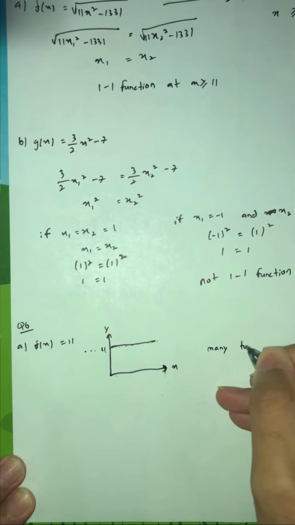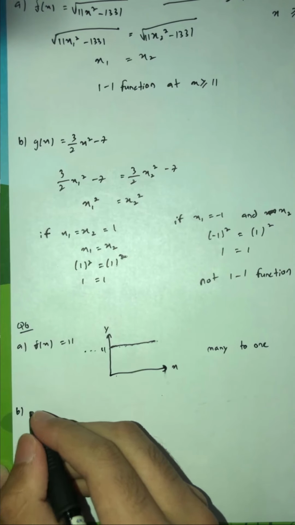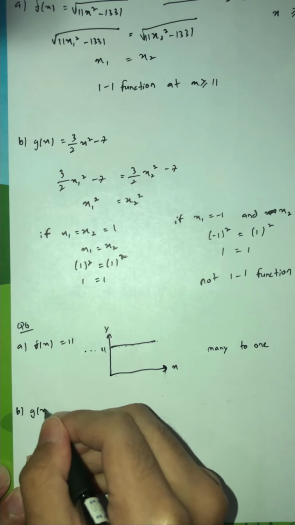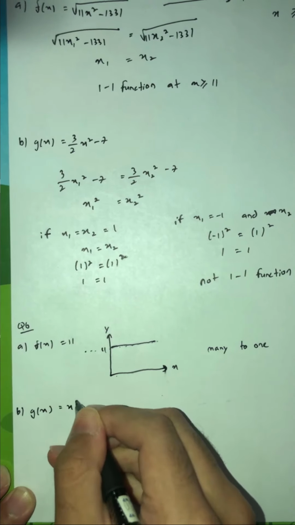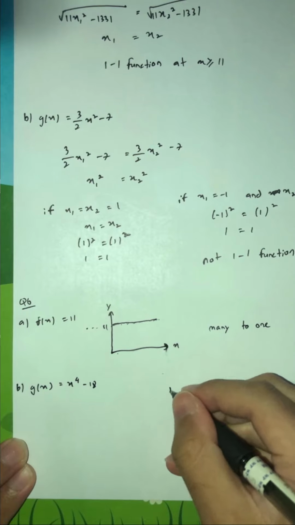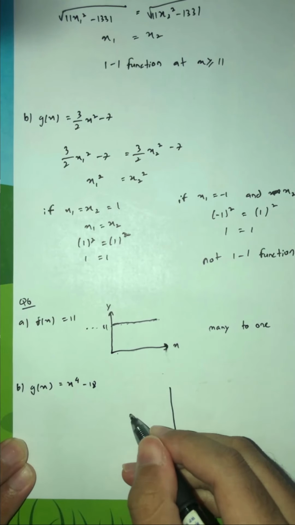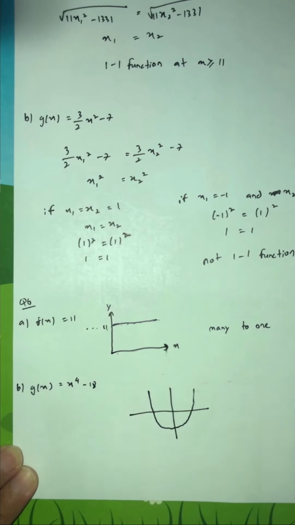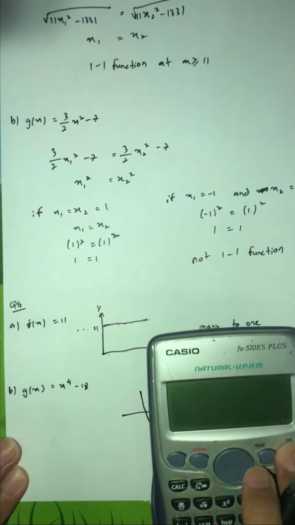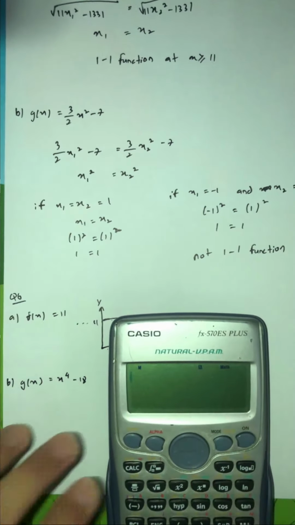What about b? g(x) equal to x to the power of 4 minus 18. So when you draw this, we'll have something like this. If you don't know how to draw, you can just use your calculator. Put in x to the power of 4 minus 18, and you plug in values.